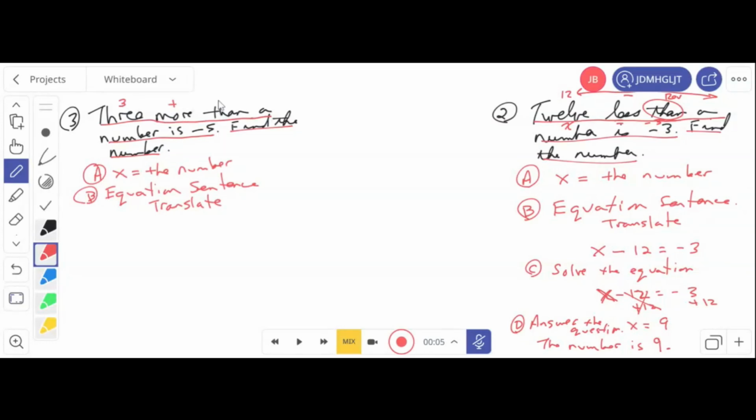More means addition. Than is a reverse word. So that means the 3 and this thing has to switch. A number is x, is means equals, -5. So our equation is x plus 3, 3 more than, so the 3 comes after the plus sign. The other thing, the number, comes in front. Is means equals, -5.